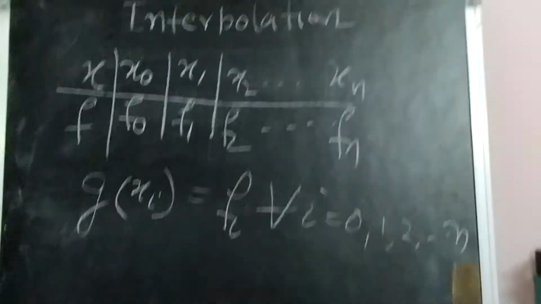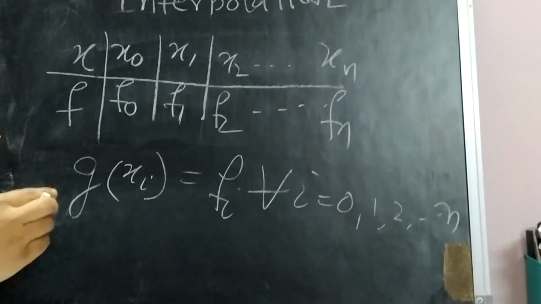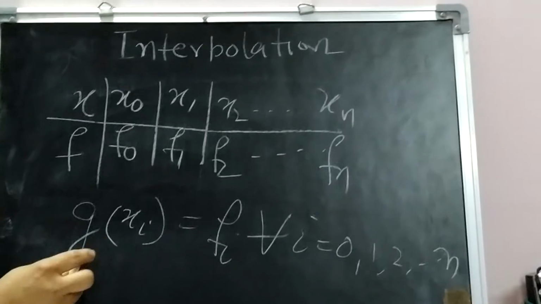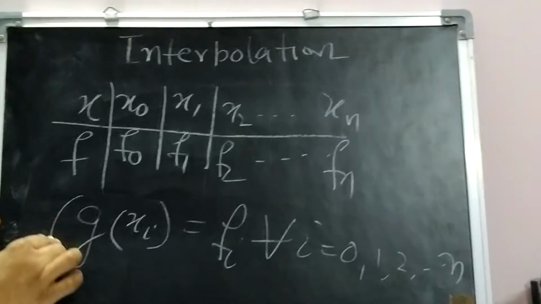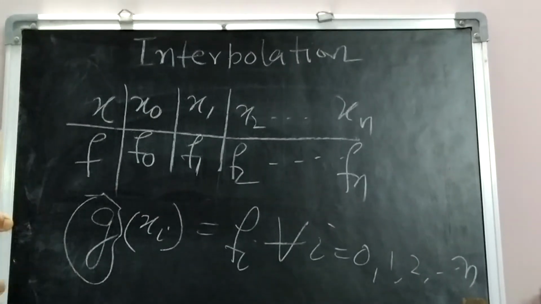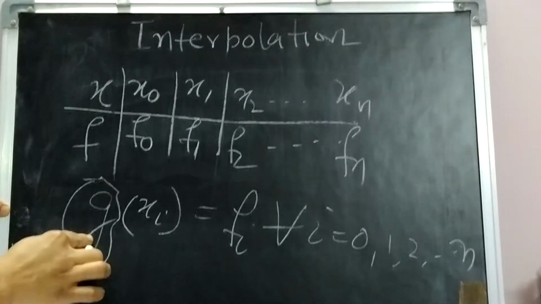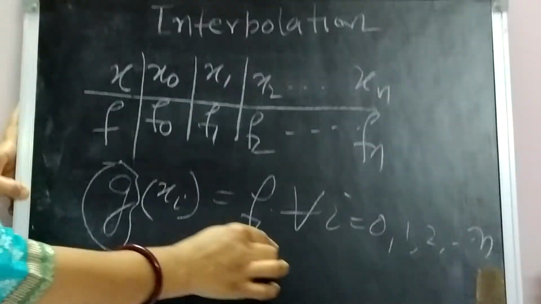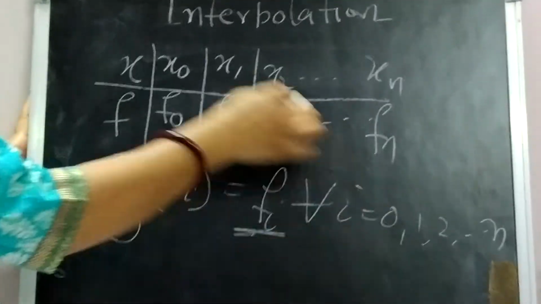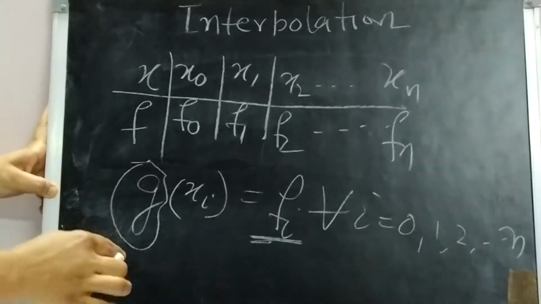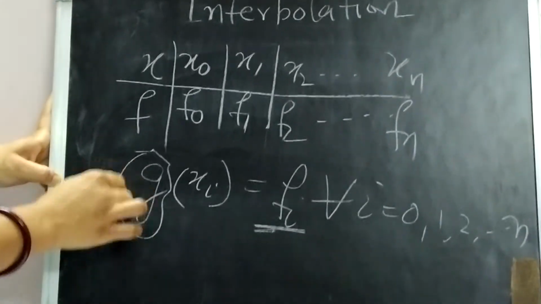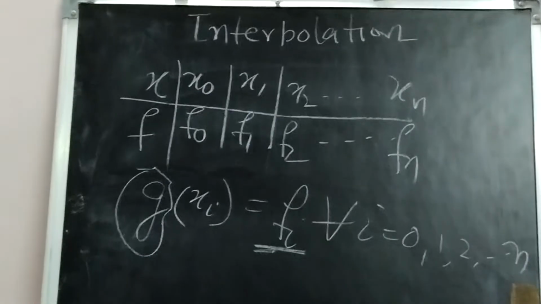We say that interpolation treats the error in a local fashion. If g of xi equals fi for all these, we say that this function corresponds to the given data.